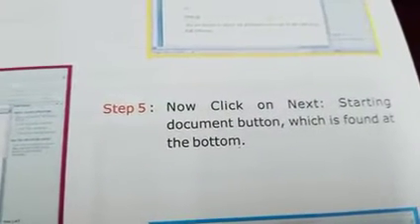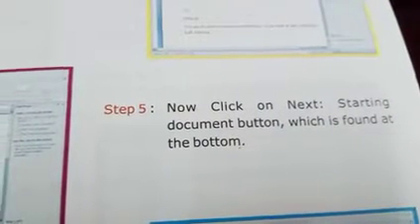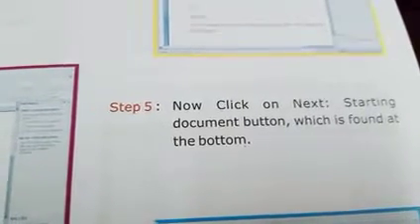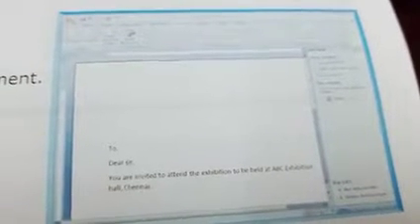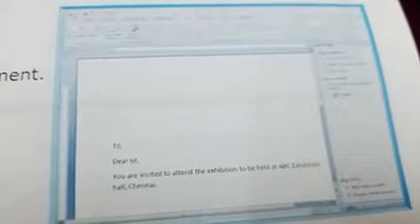Step 5. Now click on Next: Starting Document button which is found at the bottom. Now select Use the current document. Click Next to select recipients. Now click Type a new list.